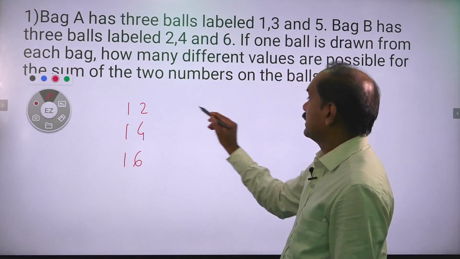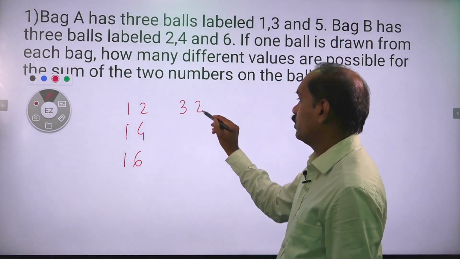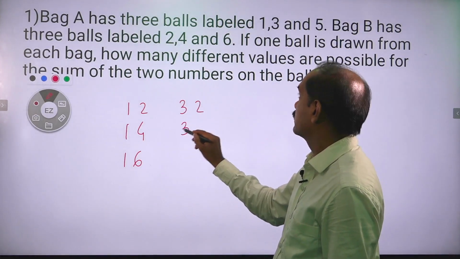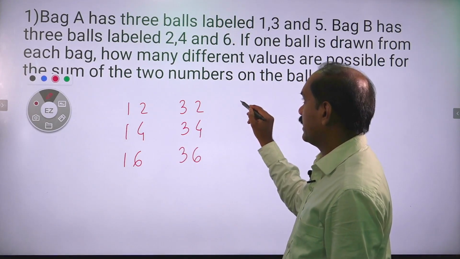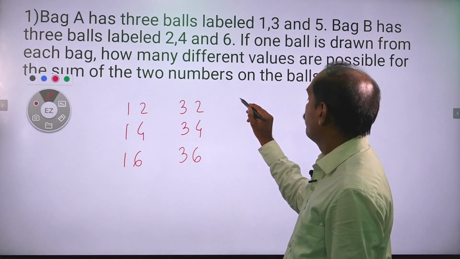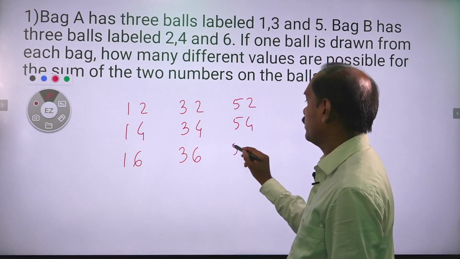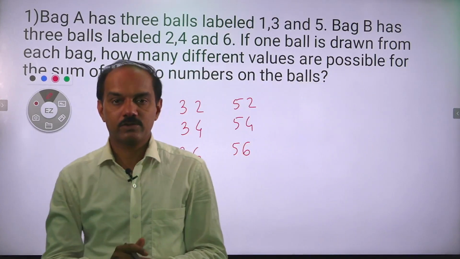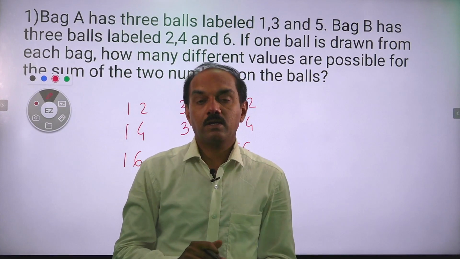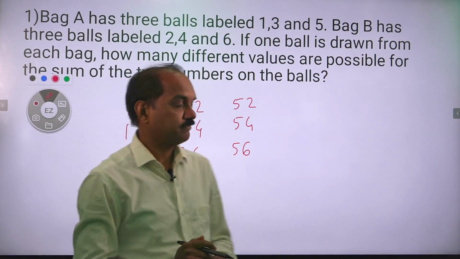Then for the first bag, that is bag A, 3, second bag 2, or 3, 4, 3, 6, then it will be 5, 2, 5, 4, 5, 6. These are the different possible combinations, but here every time you are not getting a different sum.